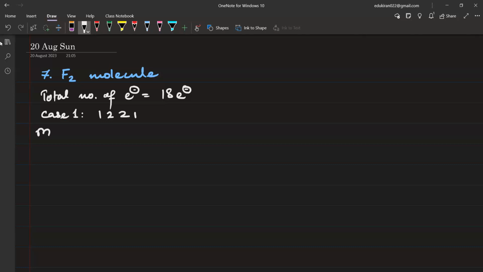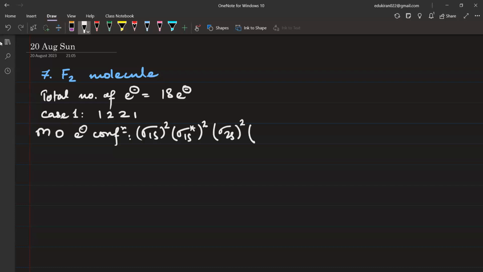So let us start with the molecular orbital electronic configuration. चलिए. We'll start from sigma 1s2, sigma star 1s2, sigma 2s2, sigma star 2s2.